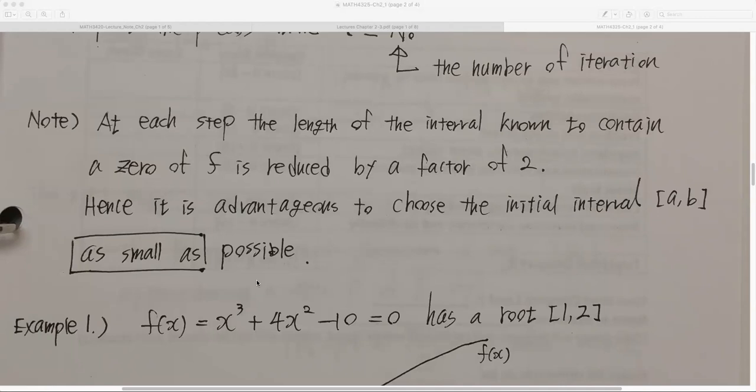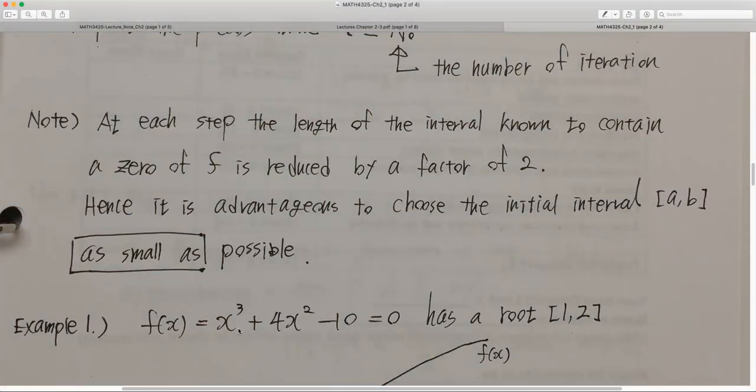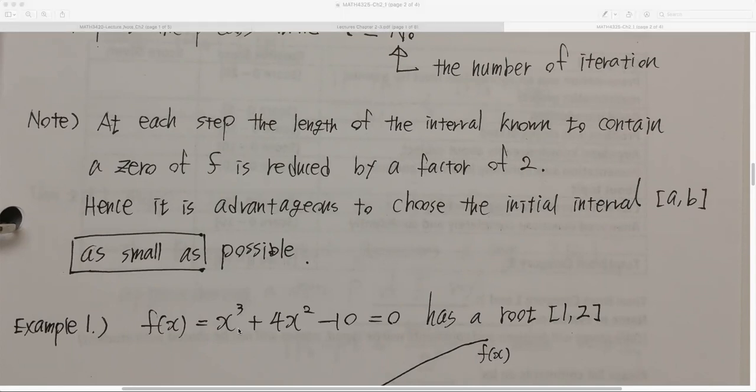Keep in mind this. For example, in example one, the function is given, right? So f of 1 and f of 2 can be figured out, so f of 1 times f of 2 is less than 0. Then what about f of 0.5 times f of 2? If less than 0, then 0.5 comma 2 is a better initial interval than 1 comma 2.